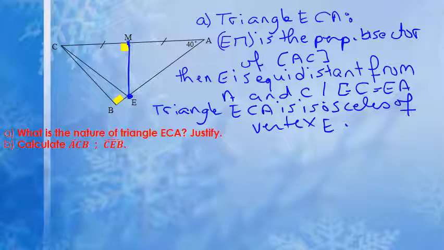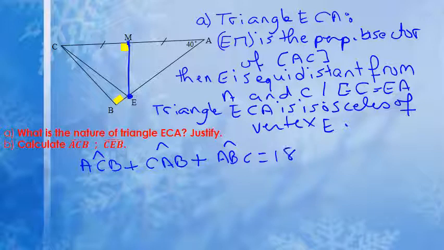Now we should calculate angle ACB. In triangle ABC, angle ACB plus angle CAB plus angle ABC, the sum of angles, is equal to 180 degrees. Let's substitute. Angle ACB is missing. Angle CAB is 40 degrees.